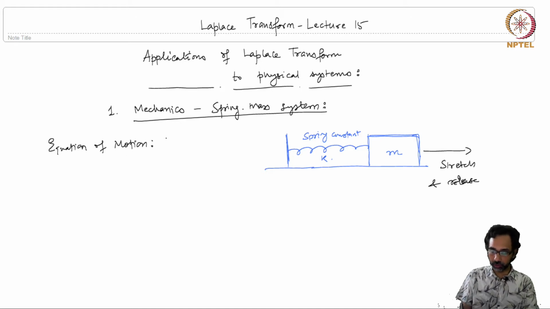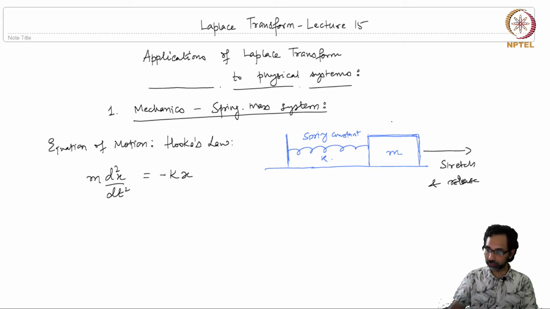So this is given by Hooke's law in physics, which says that the acceleration of the particle d2x over dt2 is given by minus the spring constant times the position of the particle.